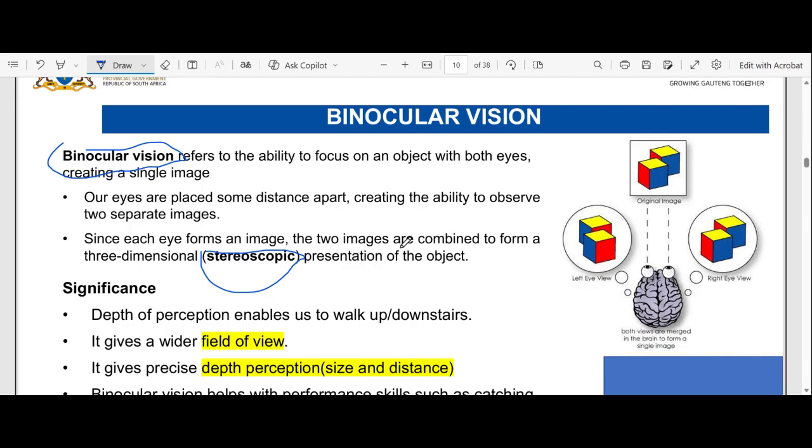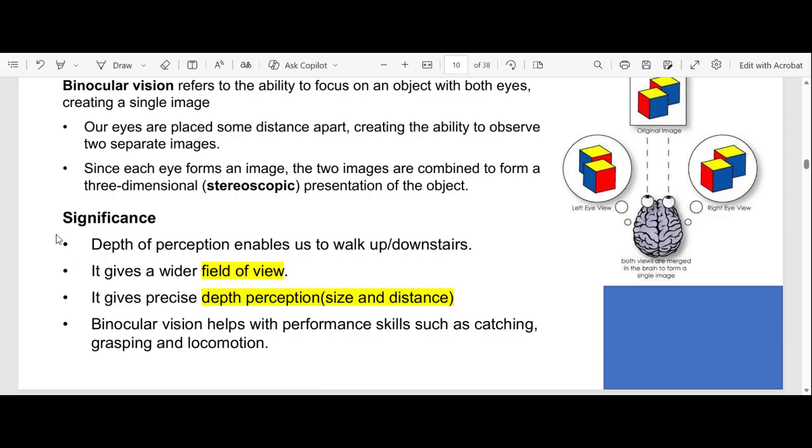Let's look at the importance. What's the importance of our binocular vision? Bi means two. Remember, bi means two. What's the significance of our binocular vision, or of a stereoscopic or three-dimensional view?